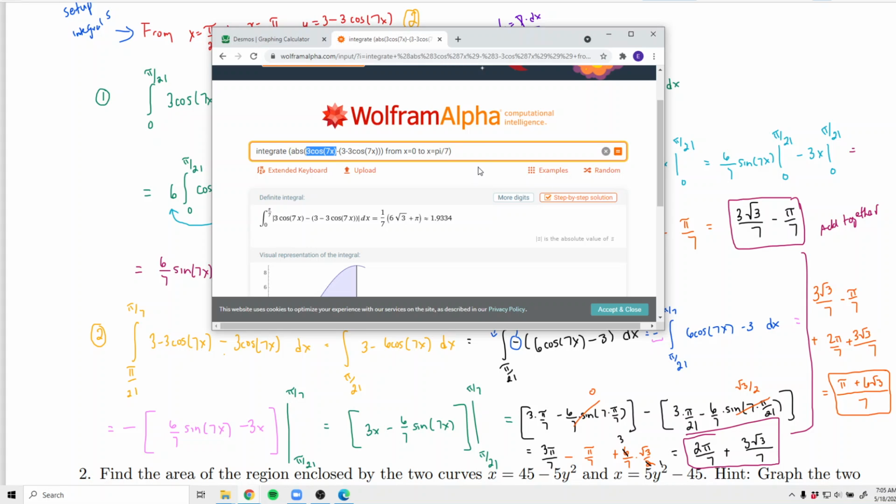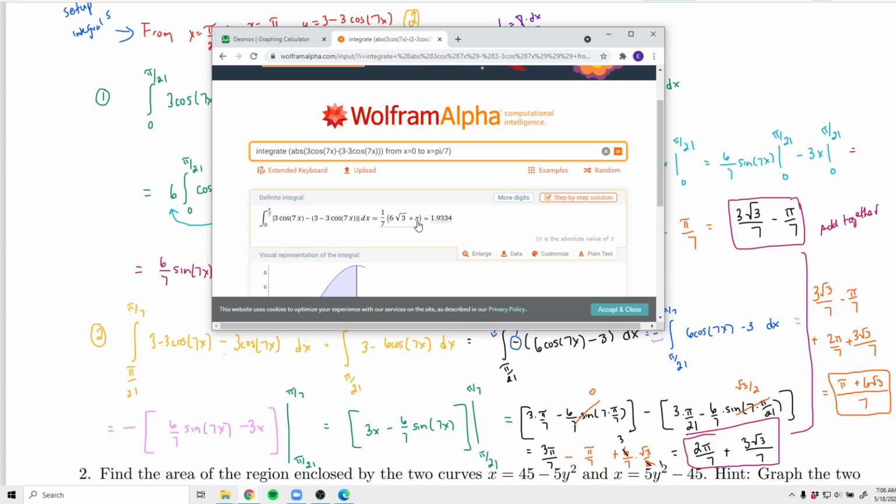It doesn't matter which one is on the top and bottom because it switches anyway. So y equals 3 cosine of 7x minus the other one, which is y equals 3 minus 3 cosine of 7x. And then I want to put from x equals 0 to x equals pi over 7. You'll notice it'll set up the integral exactly like we would want it with the absolute value. That's pretty much telling Wolfram Alpha to find the area.